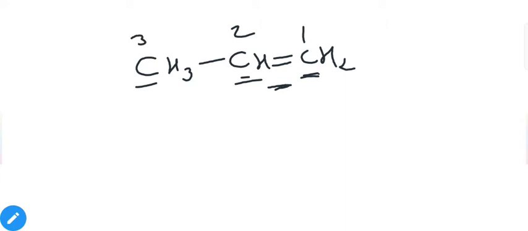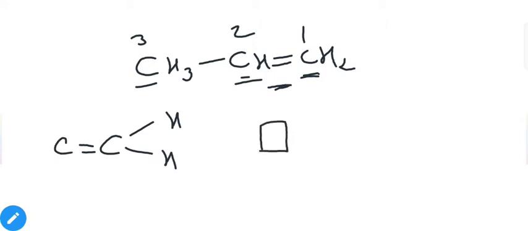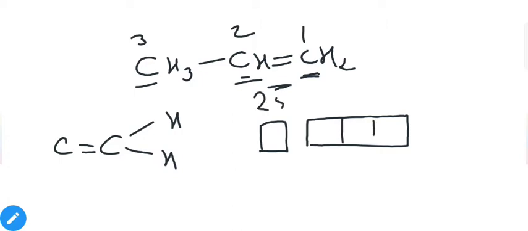So let us talk about the first carbon first. For the first carbon, we have 2 single bonds with hydrogen and a double bond with carbon. As we know, in the excited state carbon will use its 2s and 2p orbitals, and an electron of 2s will jump into 2p, so we have a total of 4 single electrons.